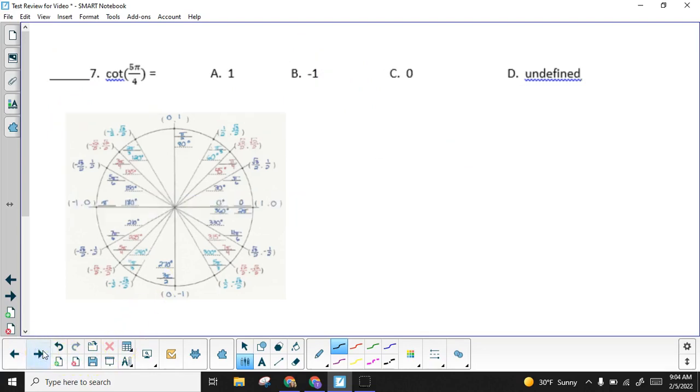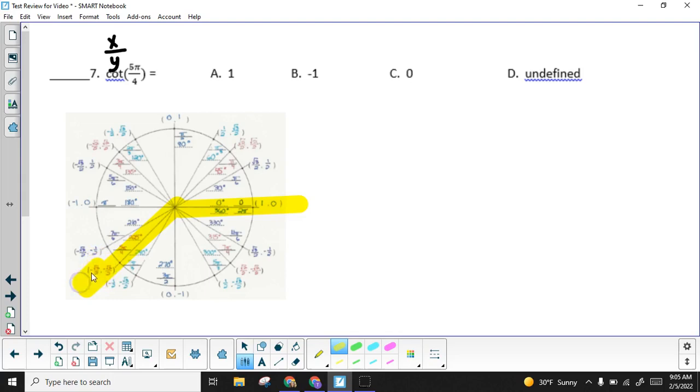Number 7, the cotangent of 5 pi over 4. All right. Cotangent is the reciprocal of our tangent, which means cotangent is x over y. So we need to find our x and y coordinates for 5 pi over 4. Our initial side is here on the positive x-axis, and 5 pi over 4 is down here in the third quadrant.